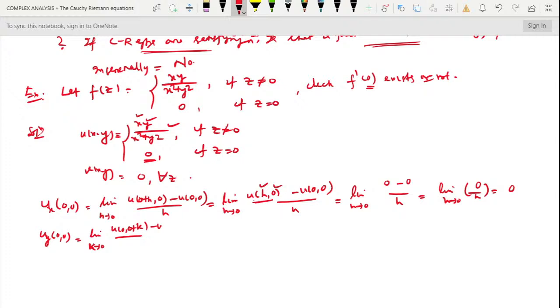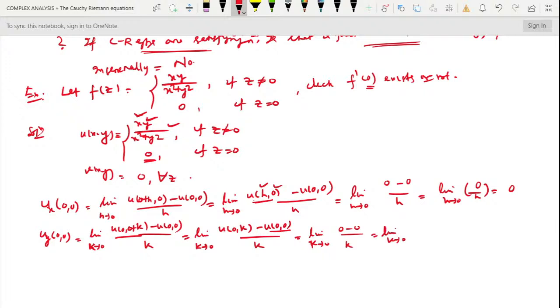So u(0, k): in place of x you put 0, in place of y you put k. So it will be 0. Then u(0, 0) is 0. So this is 0 minus 0 by k, the limit as k goes to 0 of 0 by k. So 0 by k is 0. So this is 0.